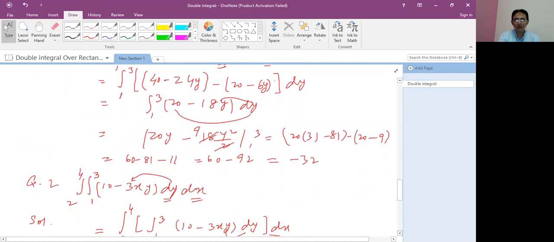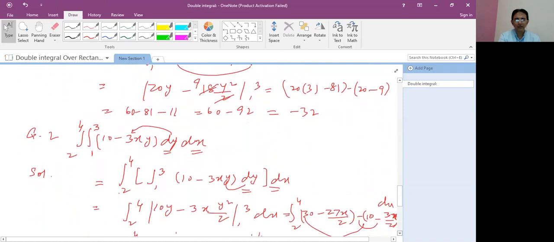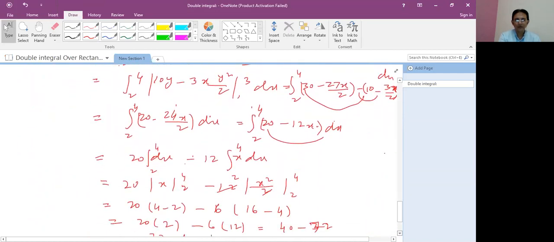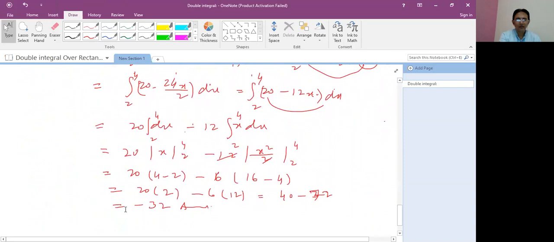But if you integrate with respect to y then x, the answer is also minus 32. Both answers are similar.